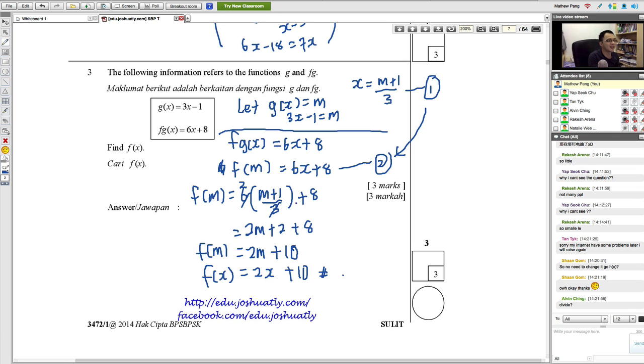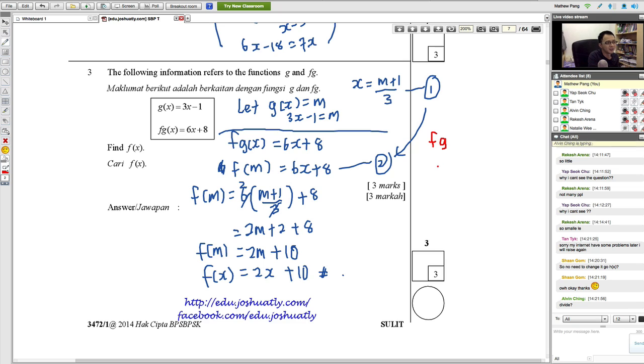But there's another way. If this method is confusing for you, what you can do is substitute g inverse x into the fg(x). So I explain this one to you maybe in red color on the side there. So this is fg(x).